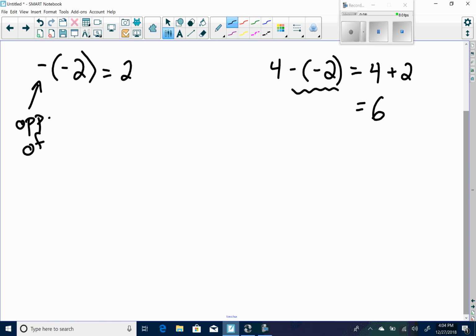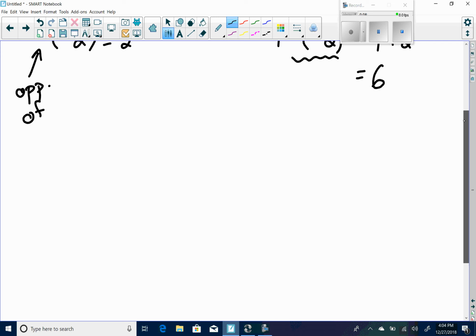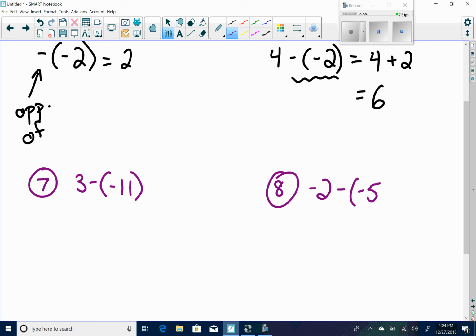Let's practice a few more like this before I have you try some on your own. Example 7, let's do 3 minus a negative 11 and maybe a negative 2 minus a negative 5.